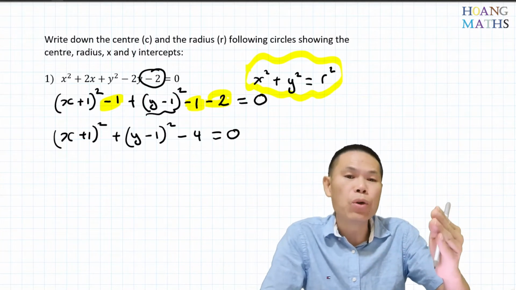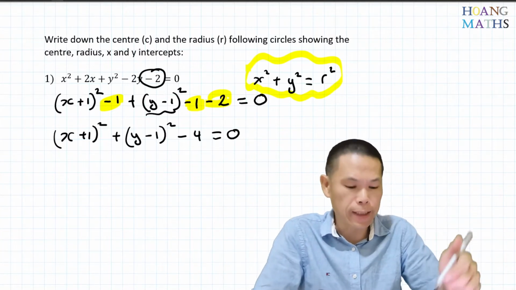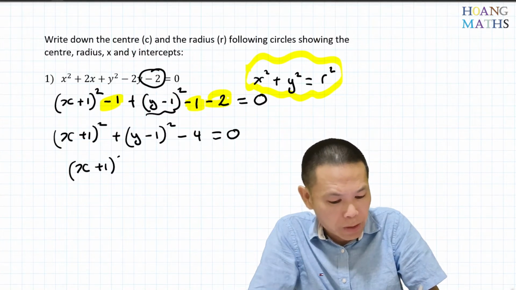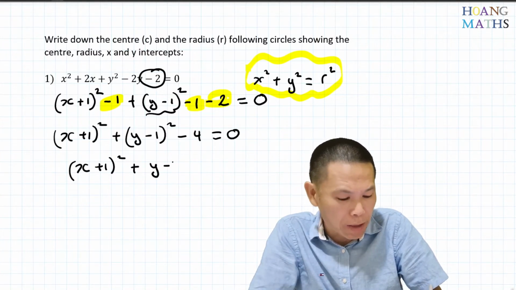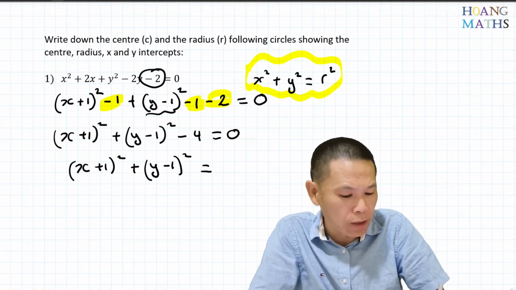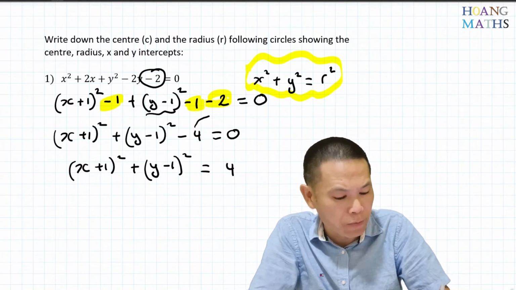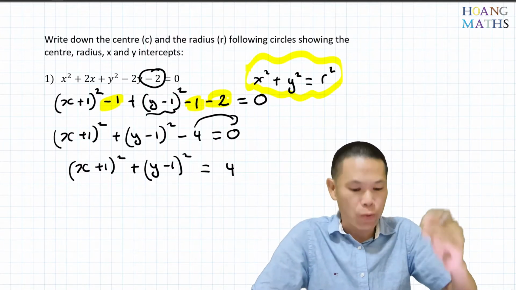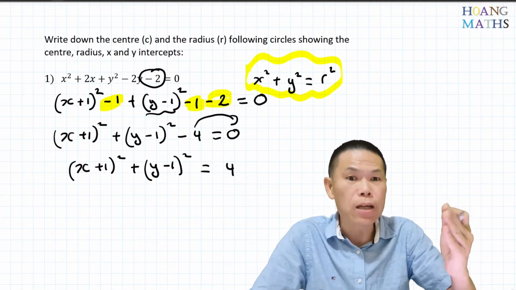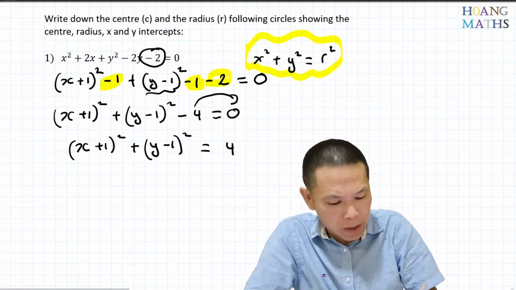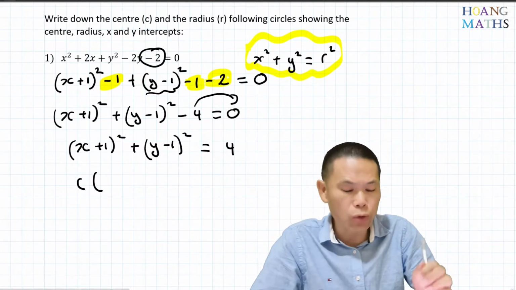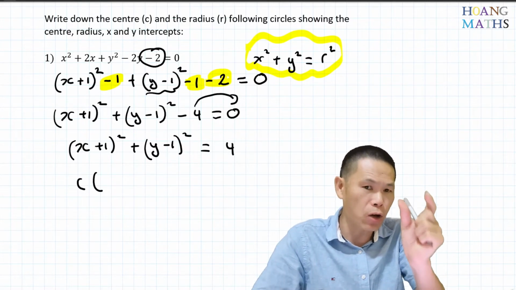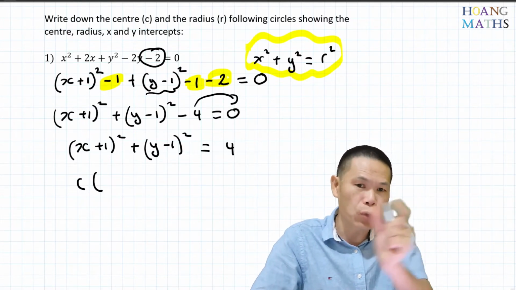Now I just move negative 4 to the right-hand side. That will give me (x plus 1) squared plus (y minus 1) squared is equal to 4, because negative 4 moved to this side becomes positive 4. So now we know the center and the radius. For the center C, because of x plus 1 squared, it moved horizontally 1 unit to the left.